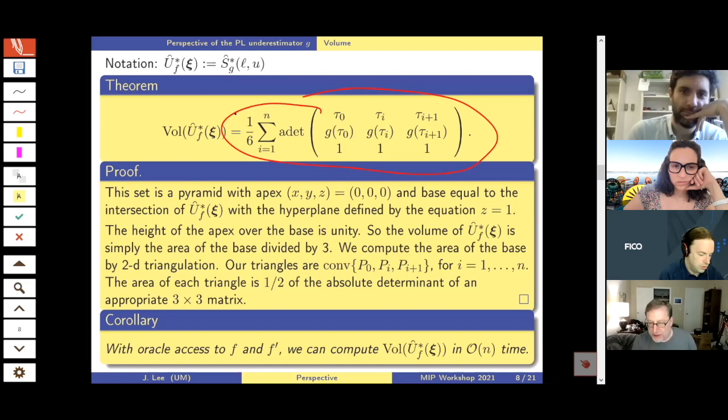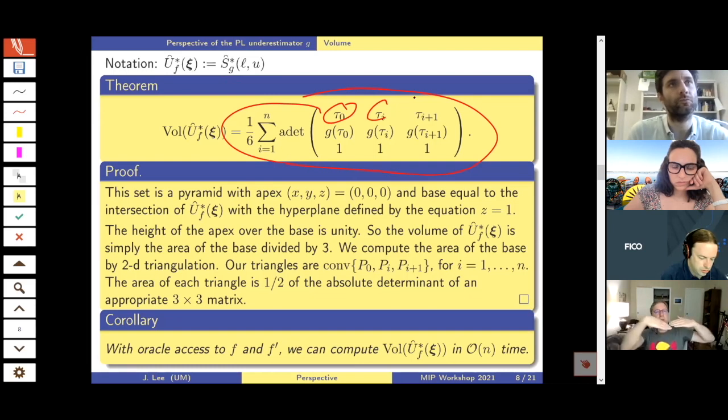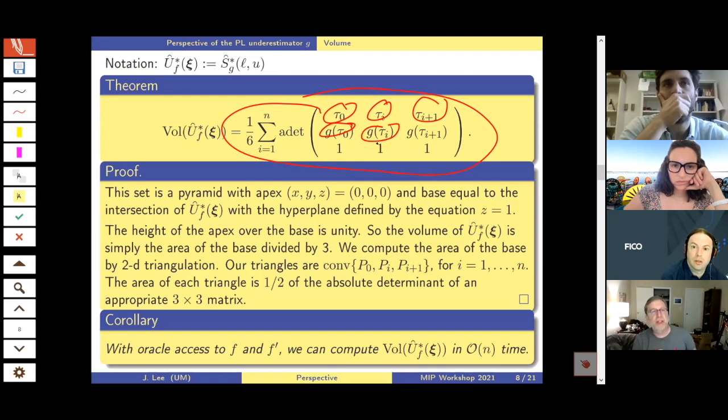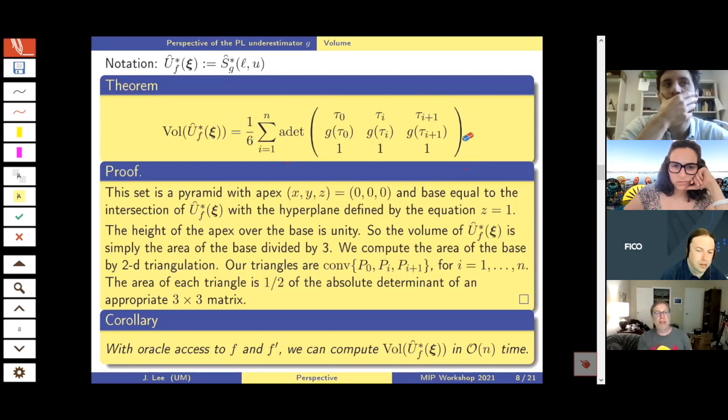It's exactly this. So what are those taus? Well, those were the points in the X space where those tangent lines crossed. And I need to compute the g function at those taus. The g is the piecewise linear function. And that's what it is. It's a very simple linear time algorithm to get the volume.